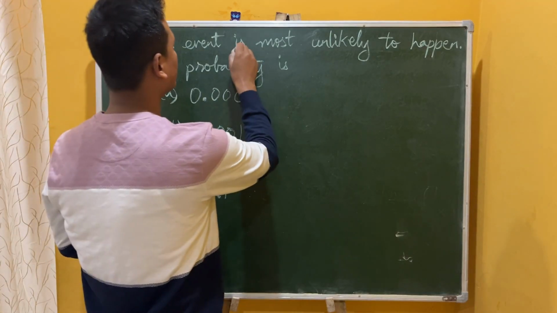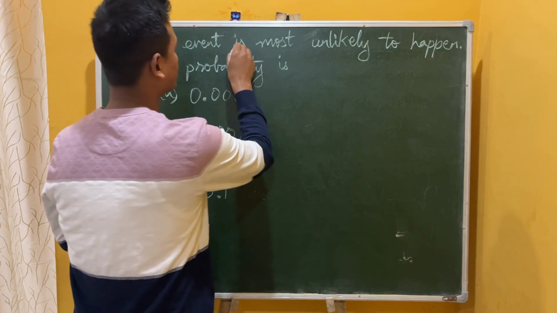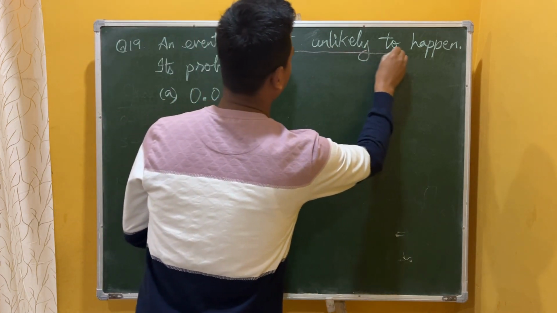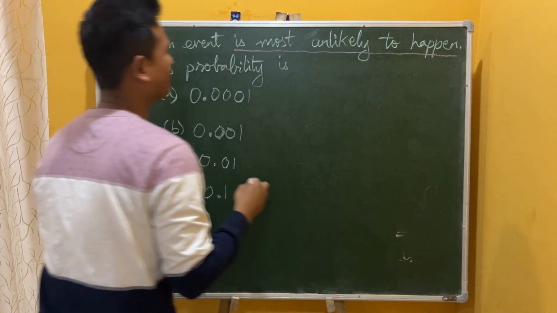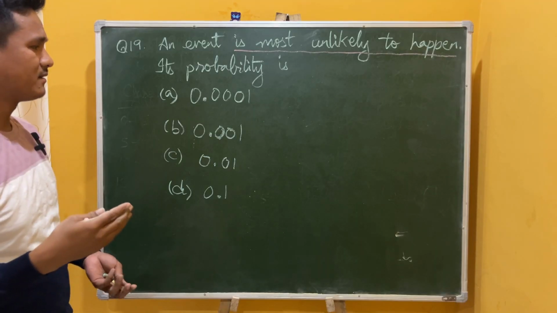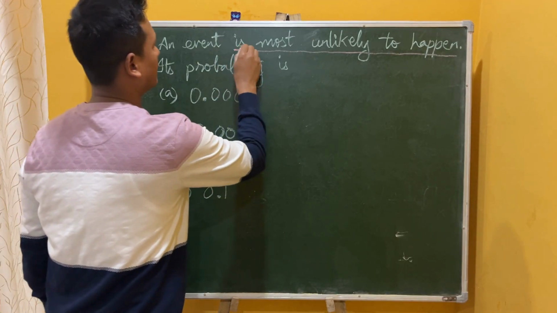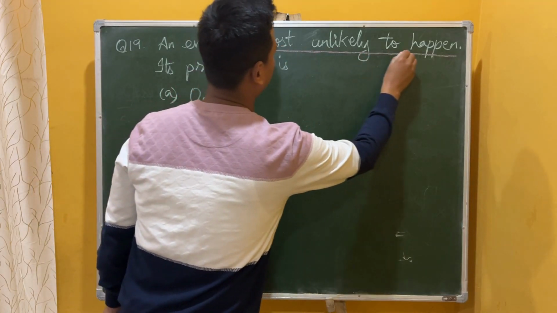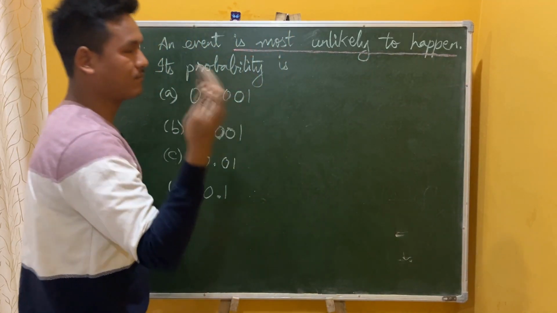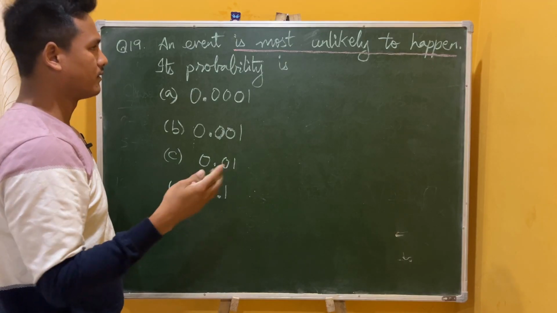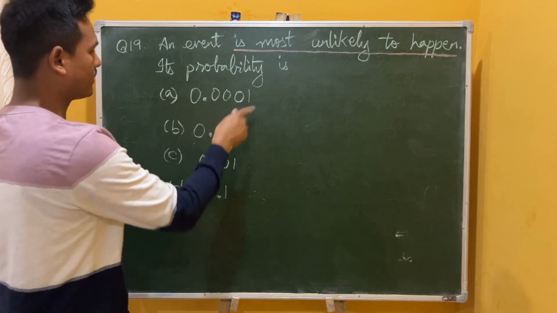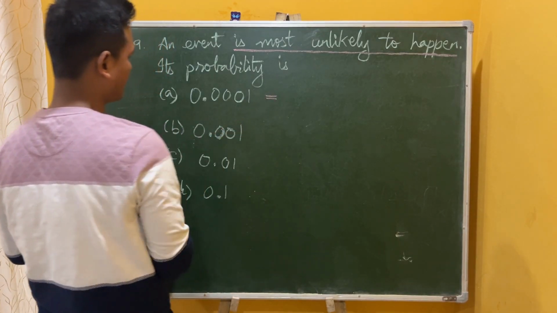An event is most unlikely to happen. What does that mean? There's a very little chance that it will happen, or it may not happen also. So which one is the probability? Let's check.